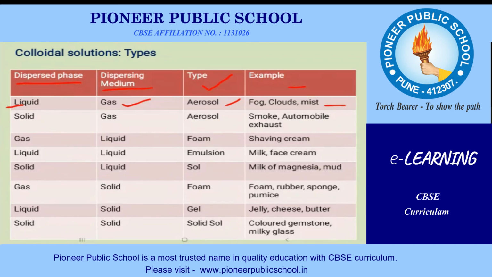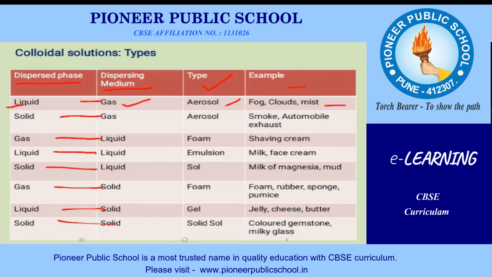Here you can see that the colloidal solution can be liquid and gas, then solid and gas, gas and liquid. Also we have liquid and liquid, solid with liquid, gas with solid, liquid with solid and solid with solid. So these are the different types of colloidal solution. Along with that, we have their names also.